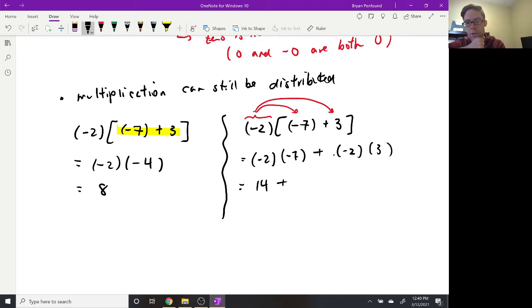And -2 times 3 is equal to -6. So now I have 14 plus a -6. This is really like saying 14 take away 6, which gives us the number 8. So this is what we mean by the ability to distribute. I can either go through the order of operations procedure to get to the final answer, but if I wanted to, I could distribute this multiplication across the square brackets, simplify, and also get the same final answer.